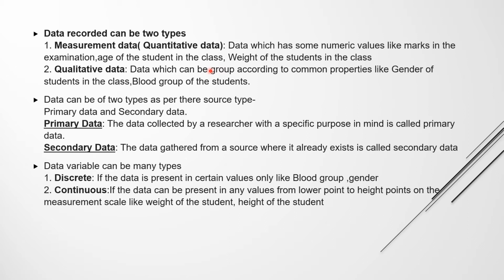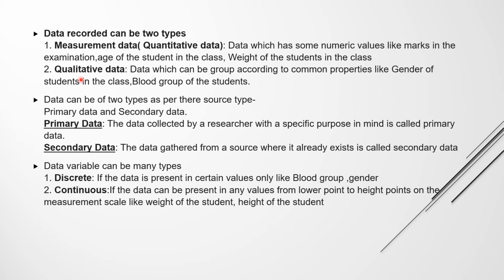All these are quantitative data, meaning we have a particular measurement for that data. Data is known as qualitative data when we take common properties like the gender of the student in the class or the blood group of the student. Now both terms, quantitative and qualitative, are clear to you all.